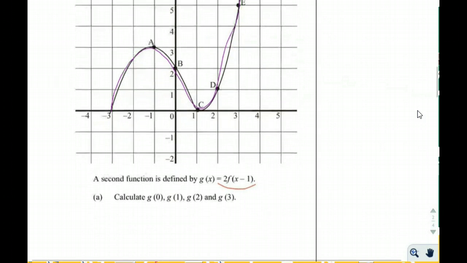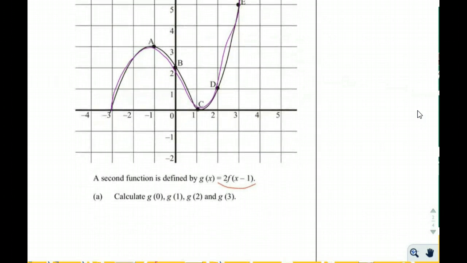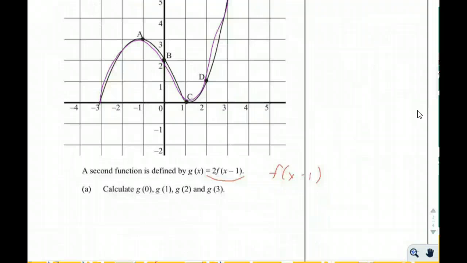The first transformation is f of x minus 1. That should look familiar. It's the same transformation that was done up here. f of x minus 1 is 1 unit to the right. And then the 2 multiplied times f of x minus 1 is an expansion in the vertical direction.